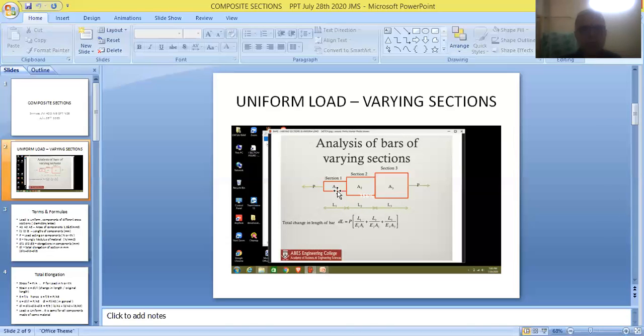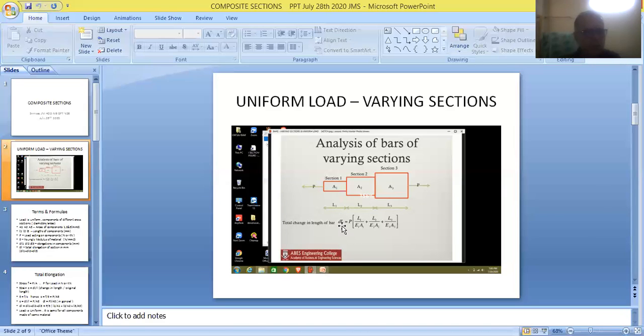This is the first component, this is the second component, and finally this is the third component. Now, load particulars are given, the load acting on this entire section, shown at the ends of the composite section. It is one and the same. It's called uniform load.